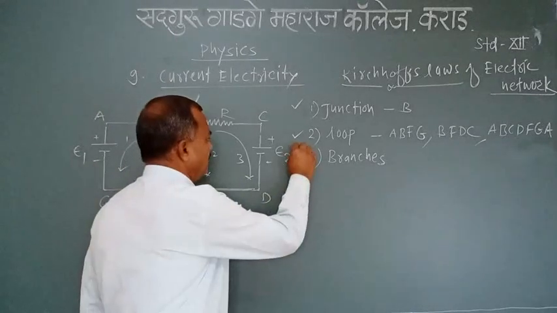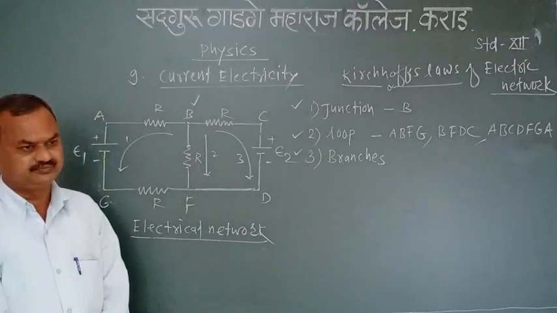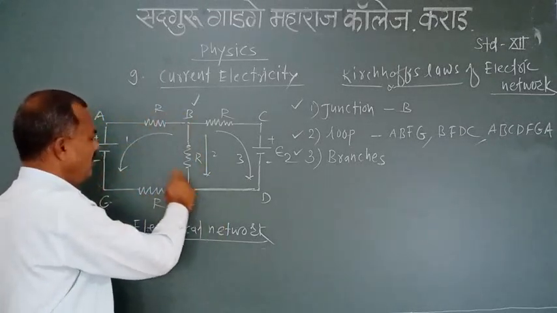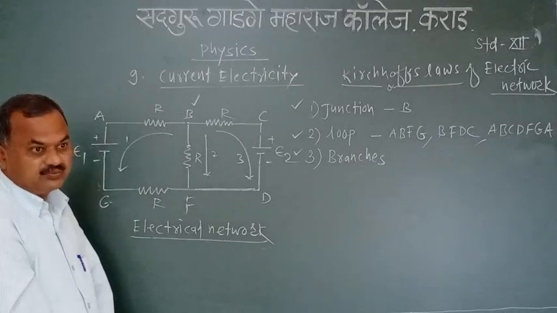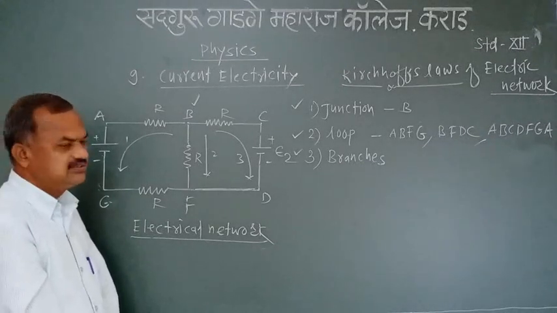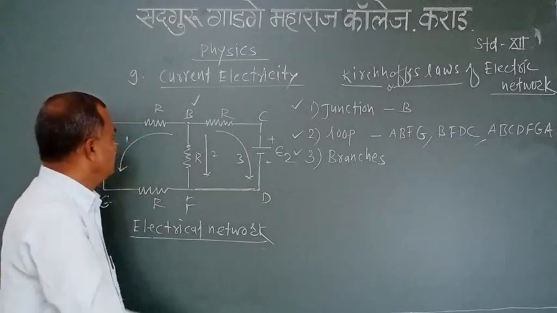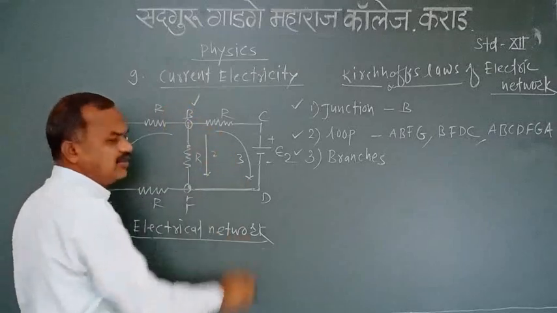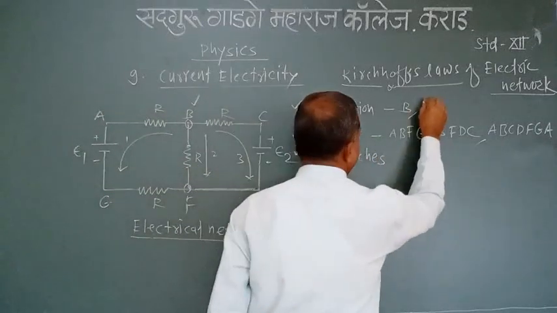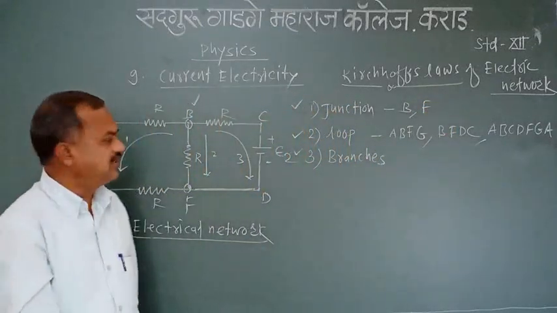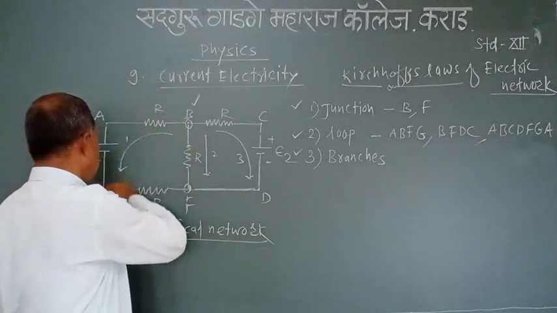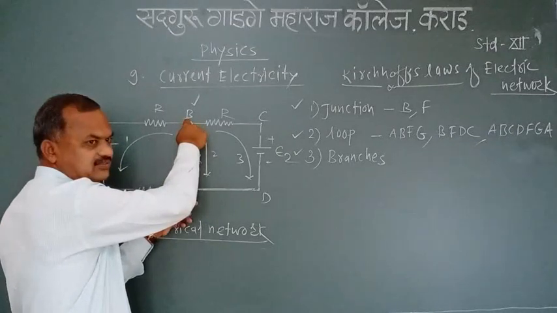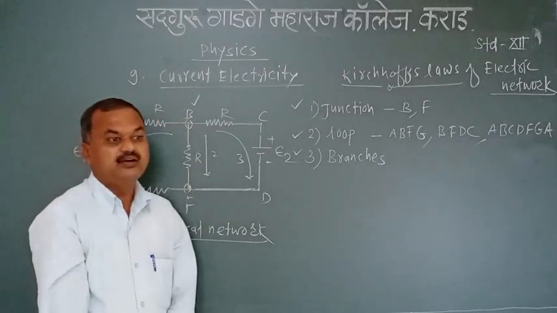Another term is branch or branches. Any part of a network that lies between two junctions is called a branch. Here, point B and point F are two junction points. Any part of the electric network like this, that lies between two junctions, is called a branch.